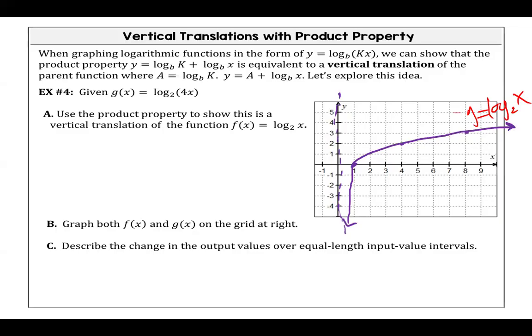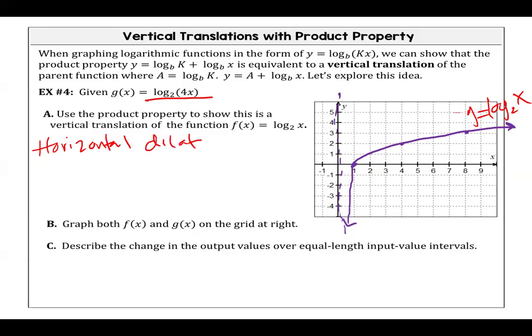Now, it says to use the product property to show this is a vertical translation. So to start off with, we have log base 2 of 4x. What's the initial transformation? If I have 4x, what kind of transformation is that? It's a horizontal dilation, right?